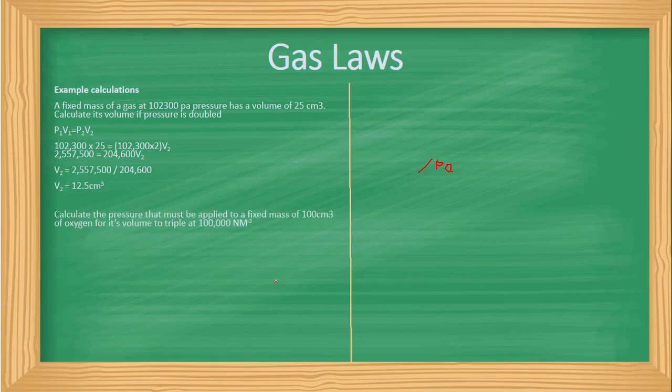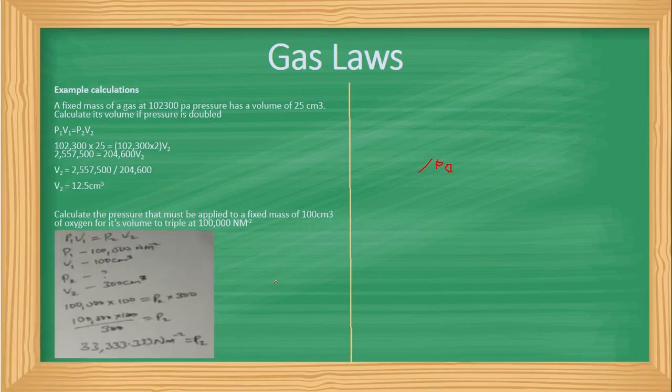Another example: you are told to calculate the pressure that must be applied to a fixed mass of 100 centimeter cubic of oxygen for its volume to triple at 100,000 newtons per meter squared. You find that our P1 here is 100,000 newtons per meter squared.